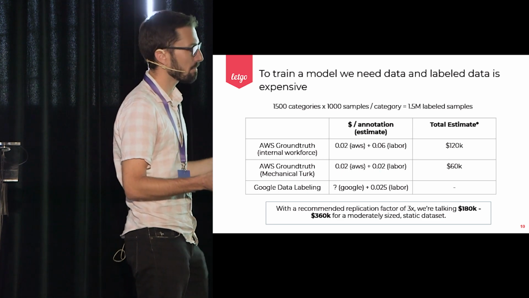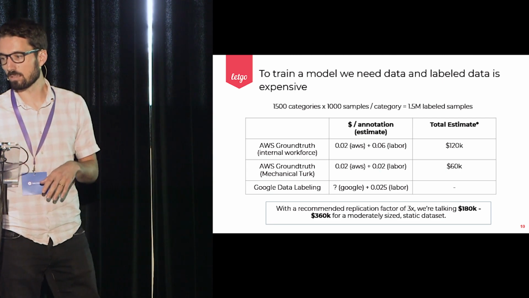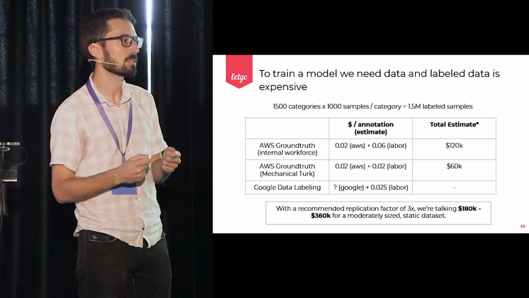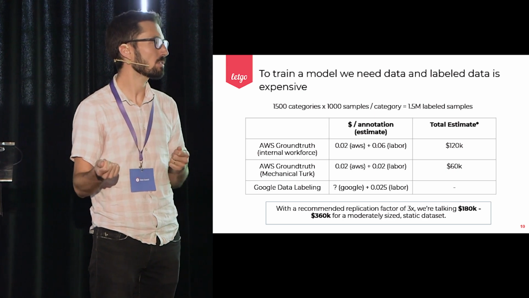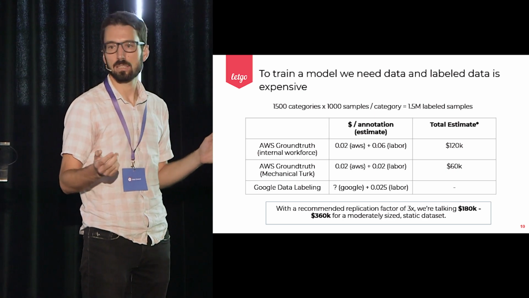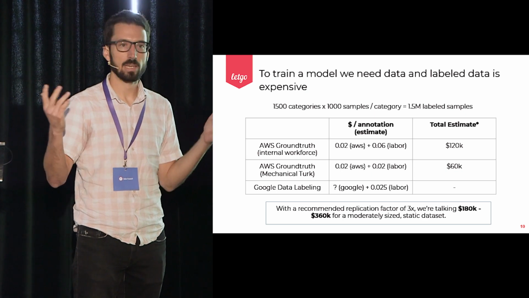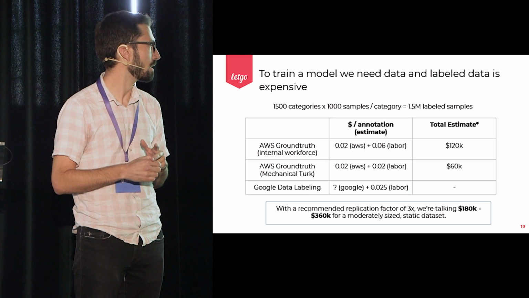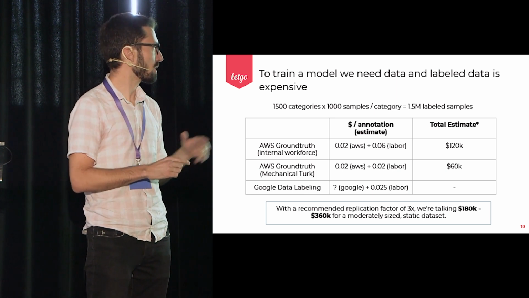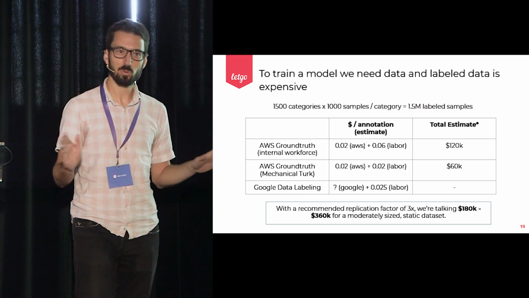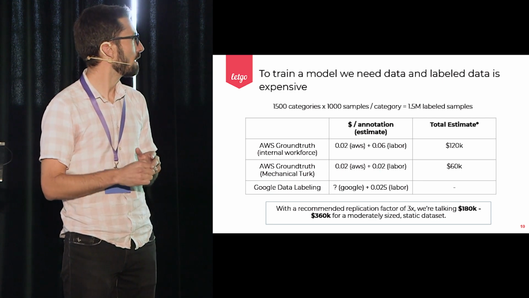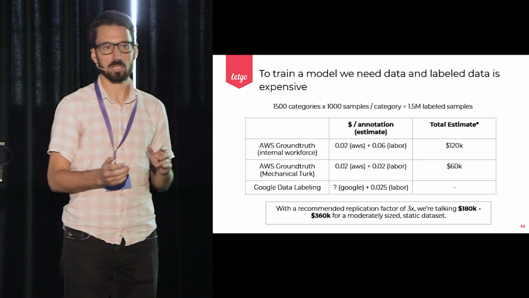Then if you do the math and include some replication factor to correct for the bias or variance of the annotators, you're talking about above $200,000 worth of labeling budget. Obviously, if you go to your VP of Finance and say, hey, I have this wonderful new project, give me 200K and I'll solve it, it may not be a good strategy.